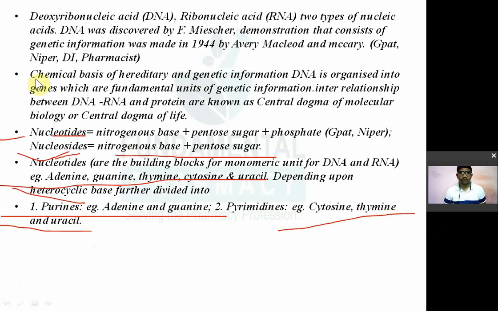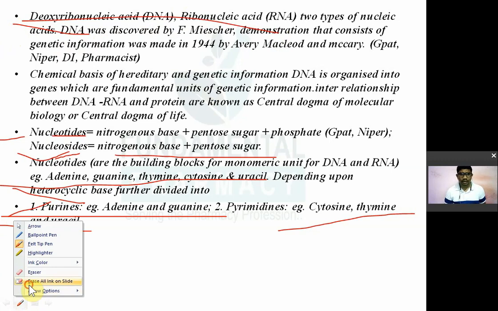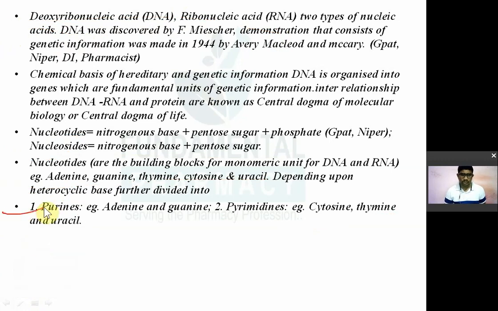Remember, DNA and RNA both consist of the same purines. The purines in DNA and RNA are the same, but the pyrimidines are slightly different.